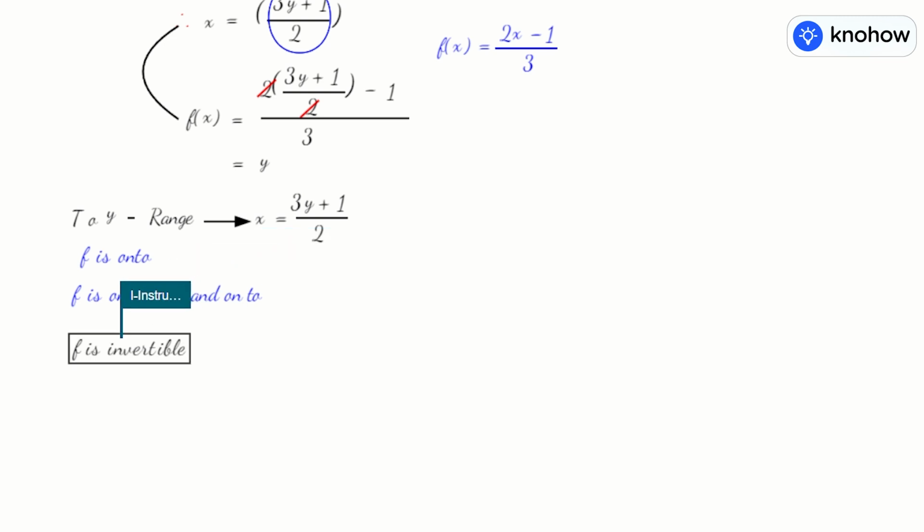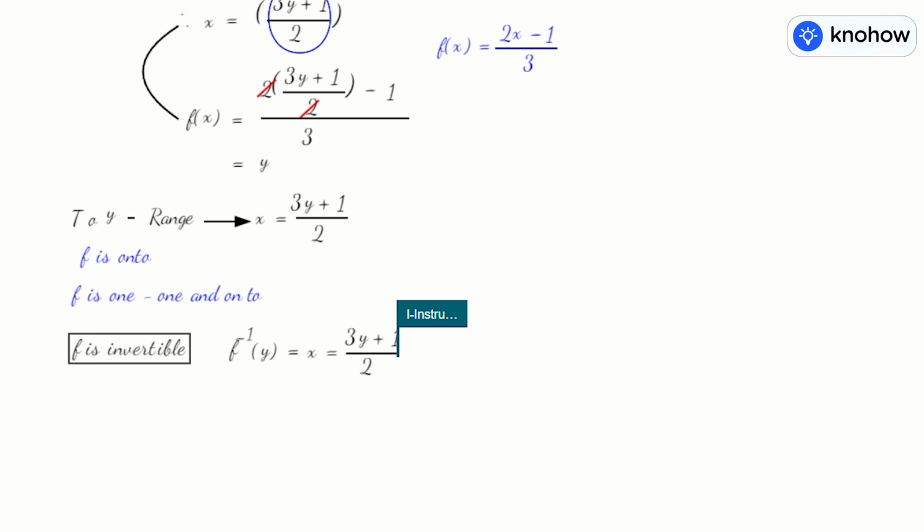And once we prove f is invertible, then what is f inverse? f inverse of y is the value of x which corresponds to y. And what is the value of x we found? It was (3y plus 1) by 2. So f inverse of y is (3y plus 1) by 2. So that is f inverse.